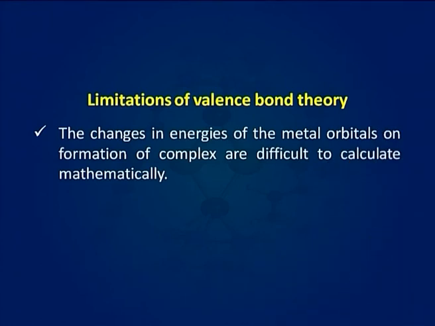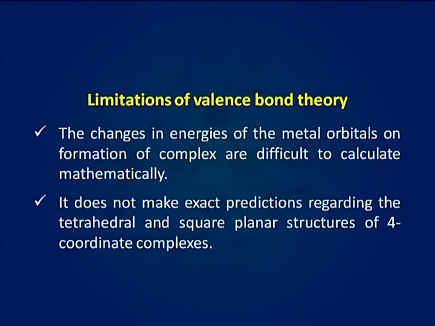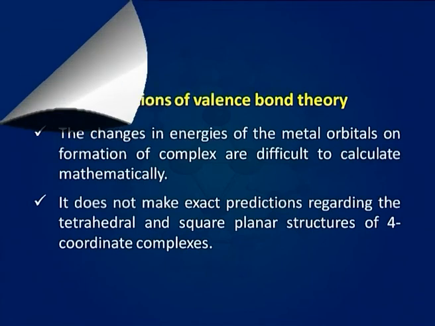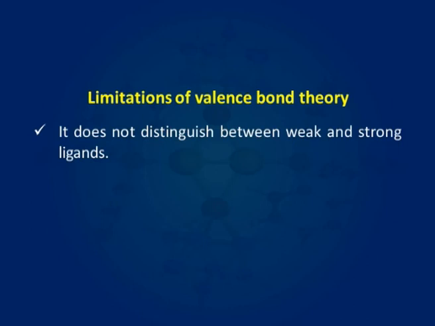The changes in energies of the metal orbitals on formation of complex are difficult to calculate mathematically. It does not make exact predictions regarding the tetrahedral and square planar structures of 4 coordinate complexes. It does not distinguish between weak and strong field ligands.